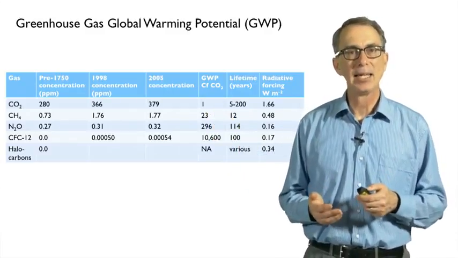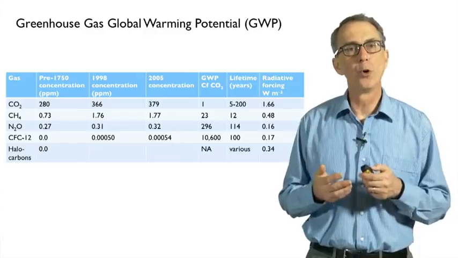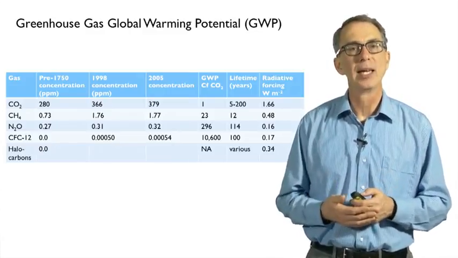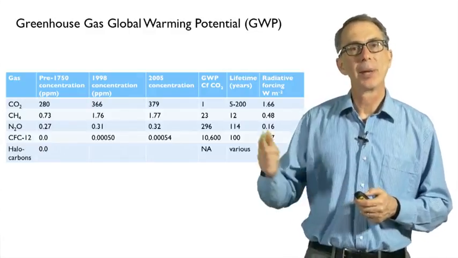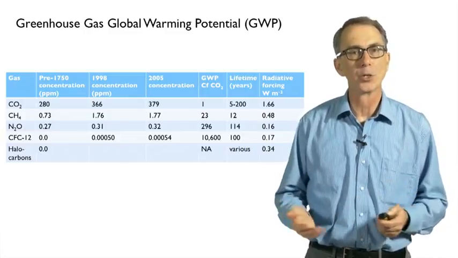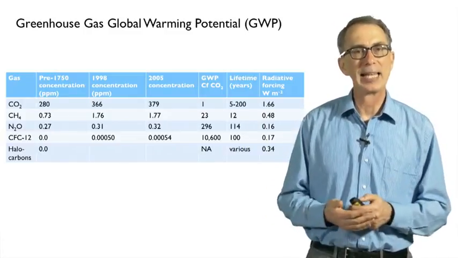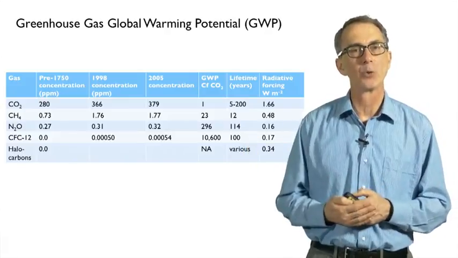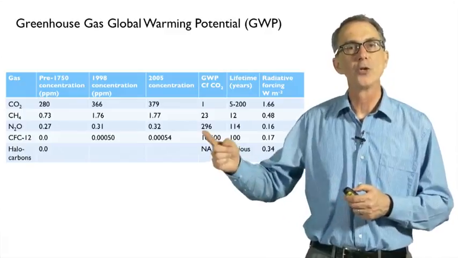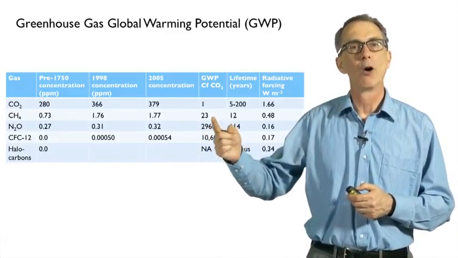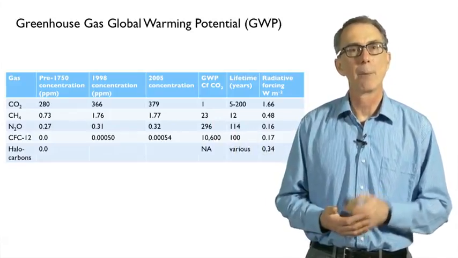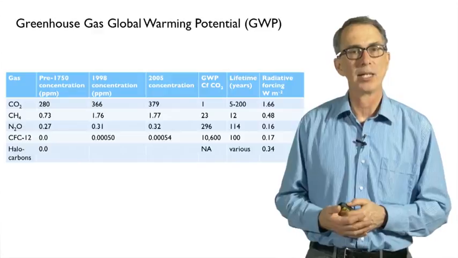Now, methane, molecule per molecule, is much more effective than carbon dioxide in absorbing infrared or heat radiation. But its lifetime in the atmosphere is actually quite short, only about 12 years. So when you take that into combination, very effective in absorbing infrared radiation, but not so long-lived as carbon dioxide, you get a net warming effect of 23 times greater warming from methane compared with the same amount of carbon dioxide emitted in the atmosphere.